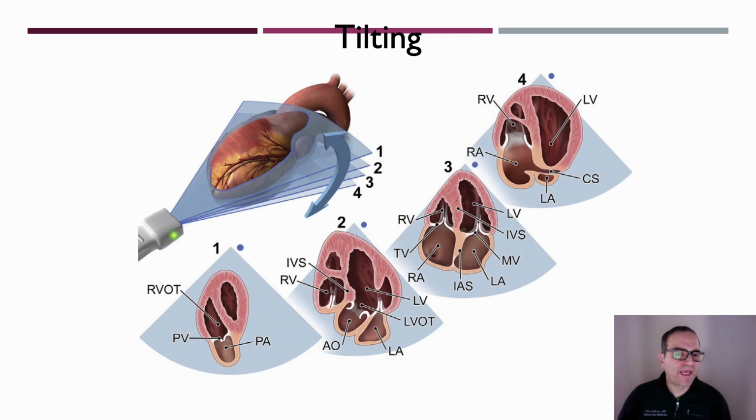However, as you scan from posteriorly to anteriorly, you are going through the same axis but different planes, so different structures. You can see when you have a 4-chamber view and as you aim more anteriorly, by tilting or moving the tail of the probe down, you can open the LVOT and you can visualize the aortic valve and the aorta.